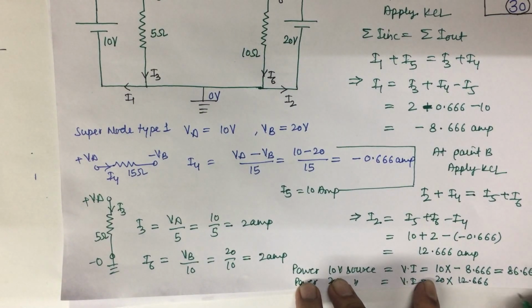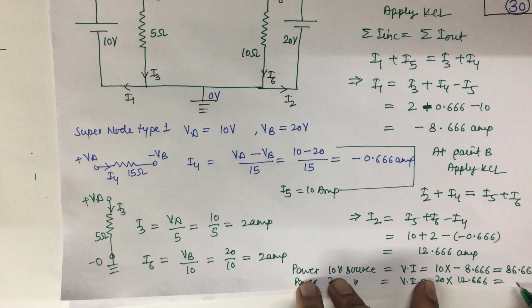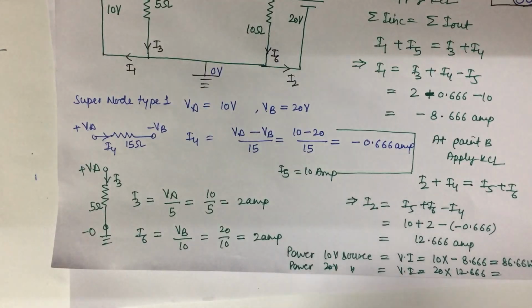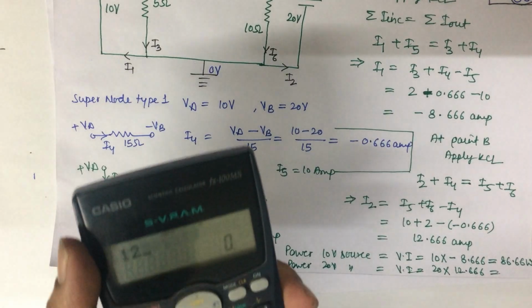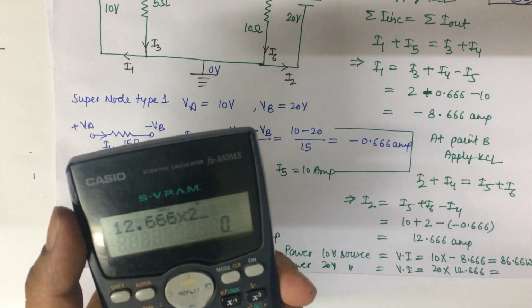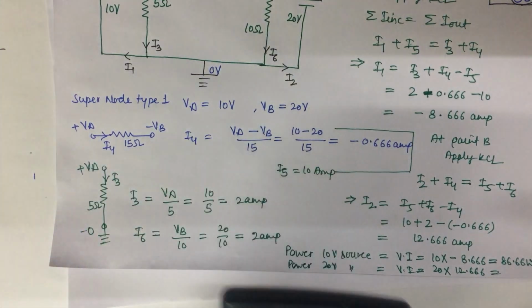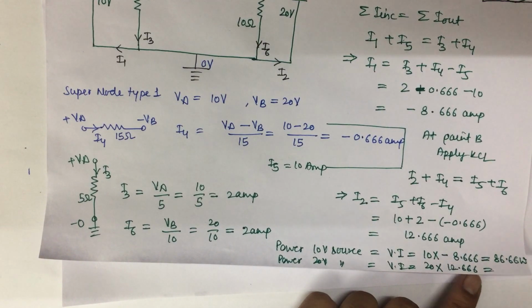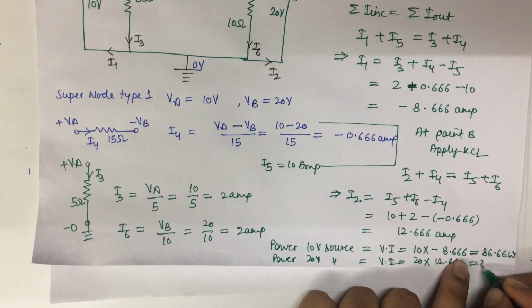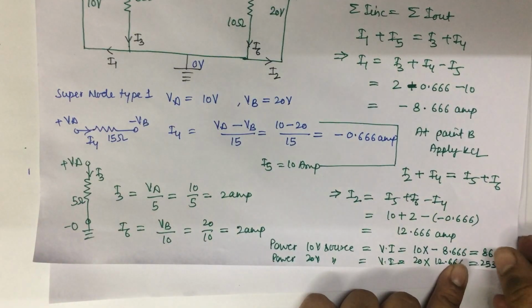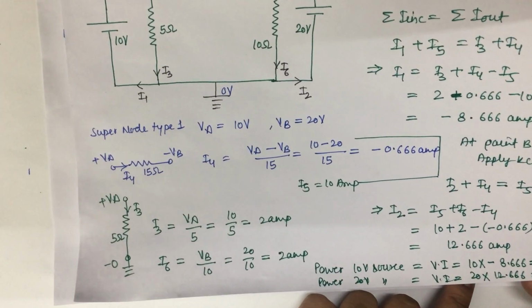So we can solve by using calculator. It would be 12.666 into 20, 253.32 watt. So in this way we solve this question by nodal analysis.